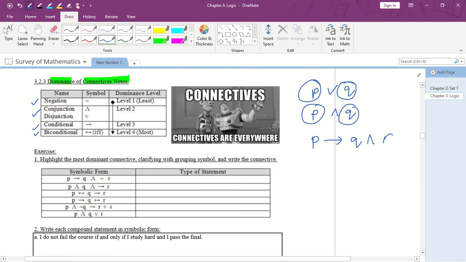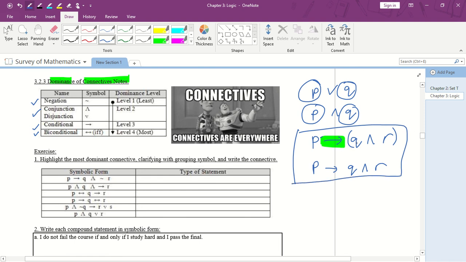Because by looking at this, you think that it is this one, and this one. However, according to the dominance here, actually, we know that this is the most dominant, right? So we need to understand it as P and Q, and R is separated by the arrow here, the conditional here. Okay, so which means that these two are the same meaning as this one. Okay, they both have the same meaning.